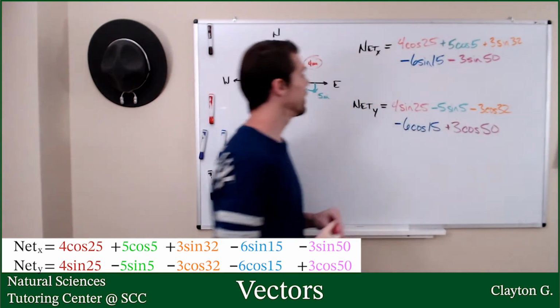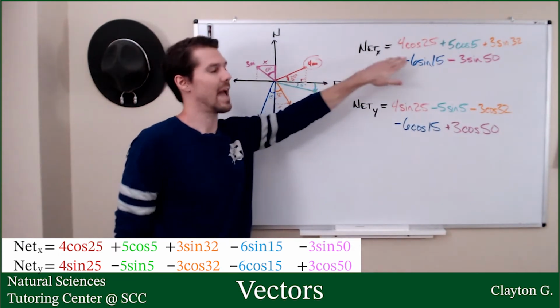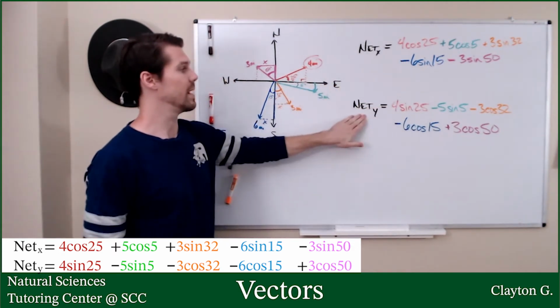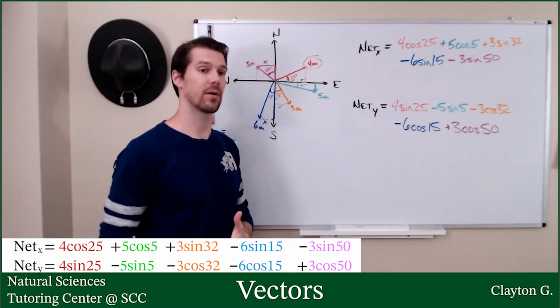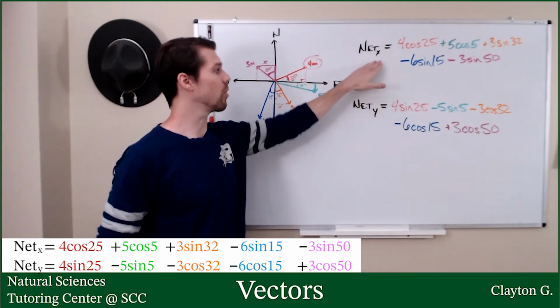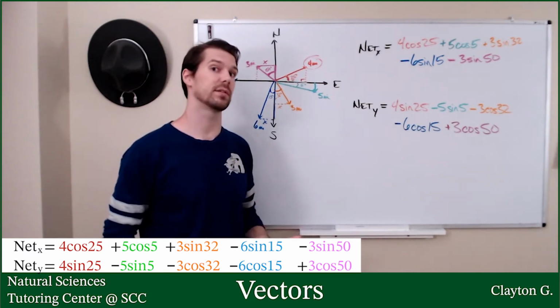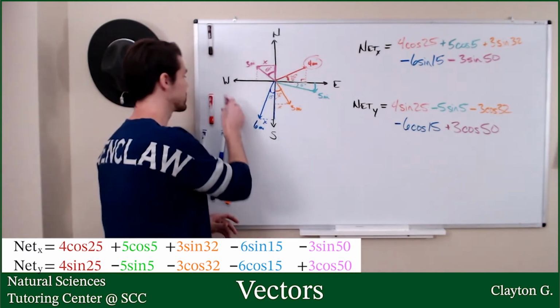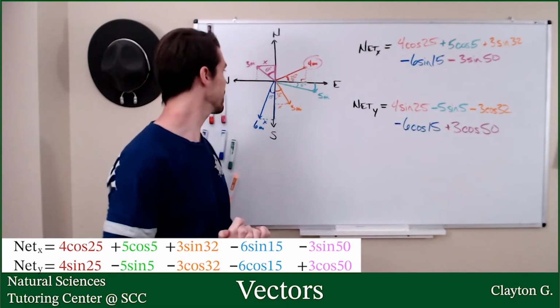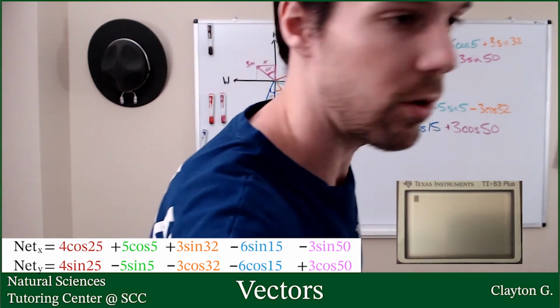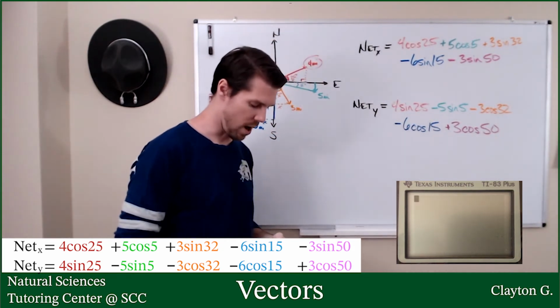Okay, so here is our total net x equation and our total net y equation. All we have to do is add these together to get our overall x and y for our resultant vector. So we're going to do a little math here. I'm going to throw it in my calculator, and we will solve for our x, and then we will solve for our y.